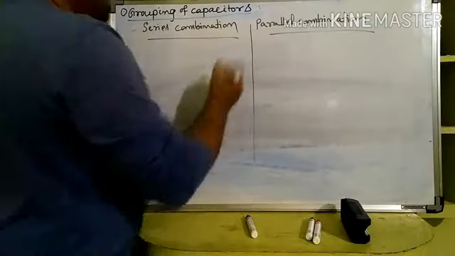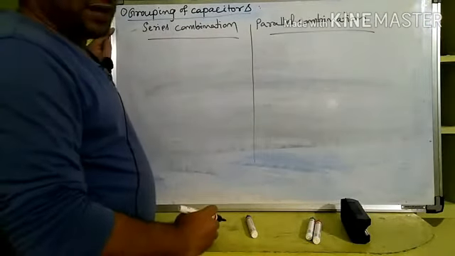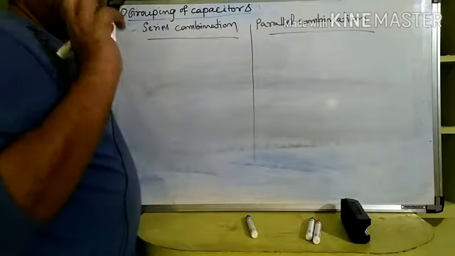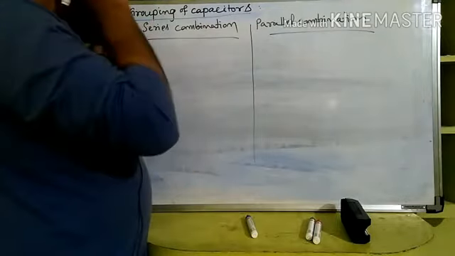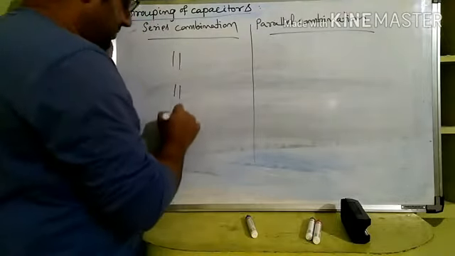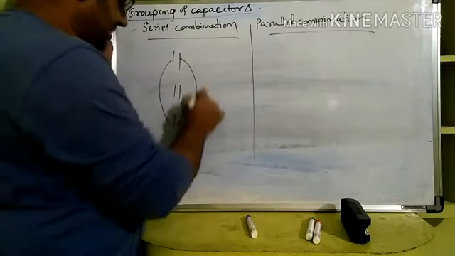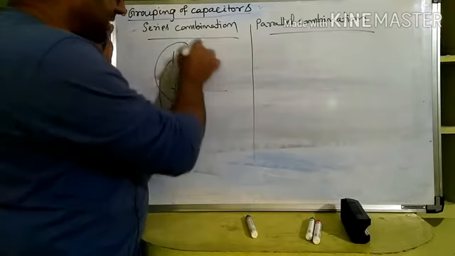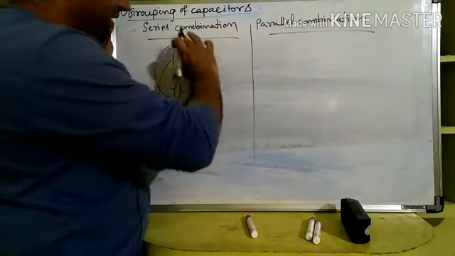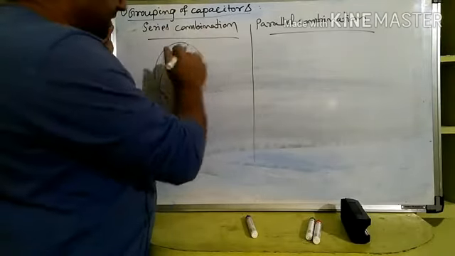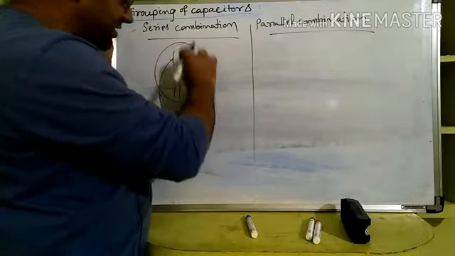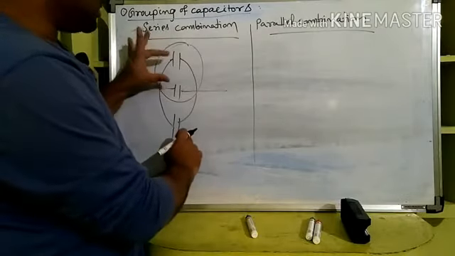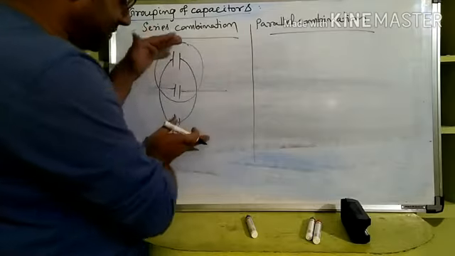Clear to everybody? Now let us write it in one place, for two capacitors only, because if there are multiple capacitors in a connection, what we can say is these two are together, and we'll find the resultant of those two, and then the effective capacitance of these two is combined with this. So first these two we can take, and this entire thing can be taken with this.